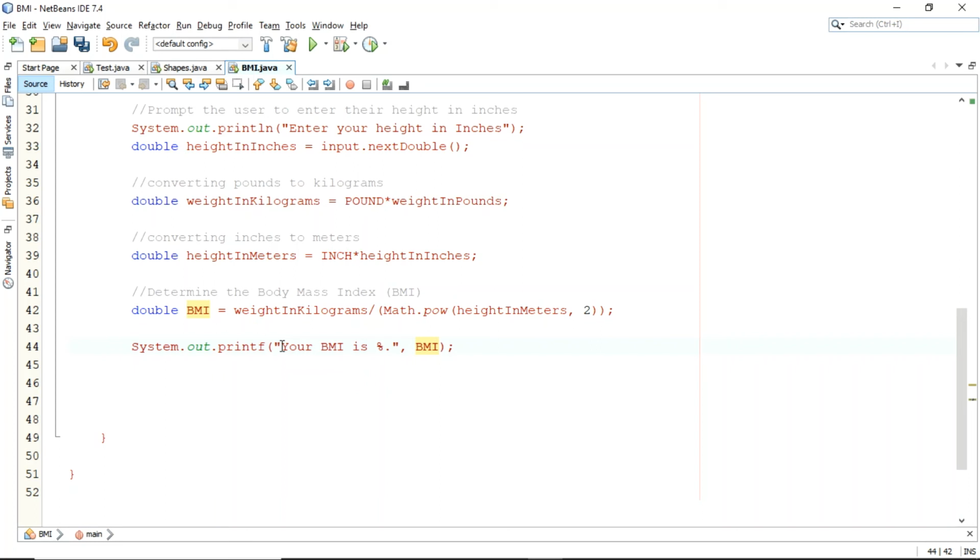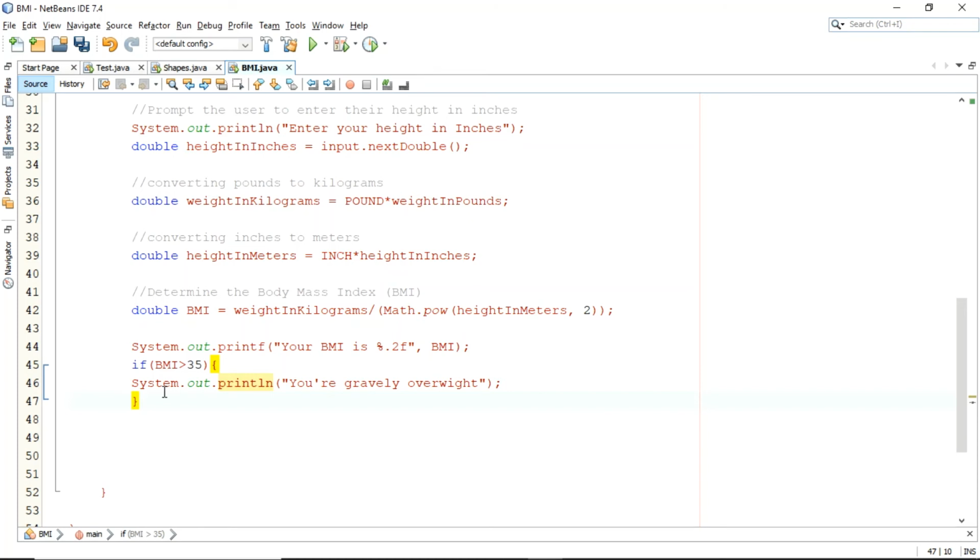Okay, so maybe your BMI is 16.02, something like that. So once we've printed the BMI of a person, then we can say if, now that's one option. What if someone is less than 35?